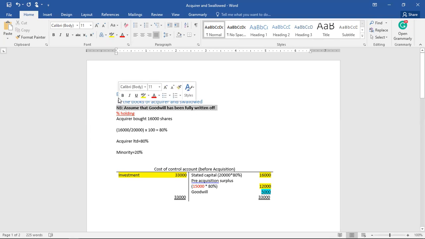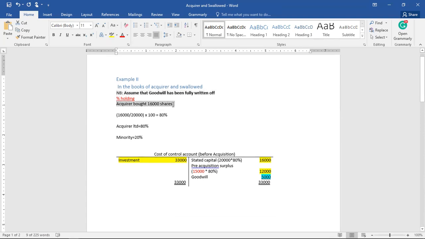So that you understand, when I finish, I'll do the 5 years, then I'll do the other ones. But in your question, you were told that goodwill on consolidation has not suffered any impairment. So invariably, they are telling you that goodwill on consolidation is maintained. So that is the extract from the question that I have put over here.